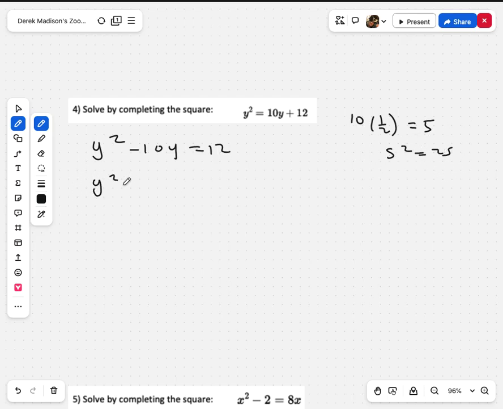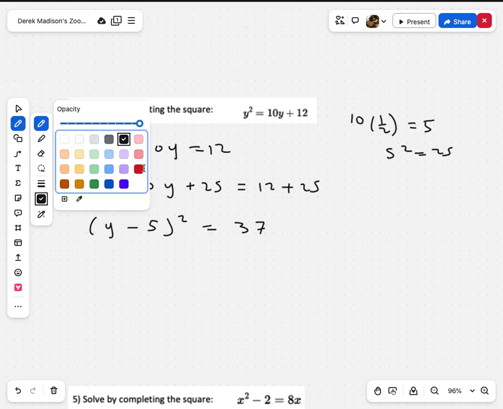So y squared minus 10y and then plus 25 equals 12 plus 25. So we'll factor this. y minus 5 quantity squared equals 37, and then we root both sides.